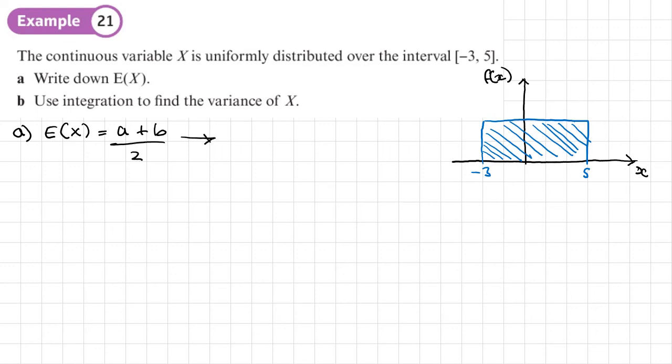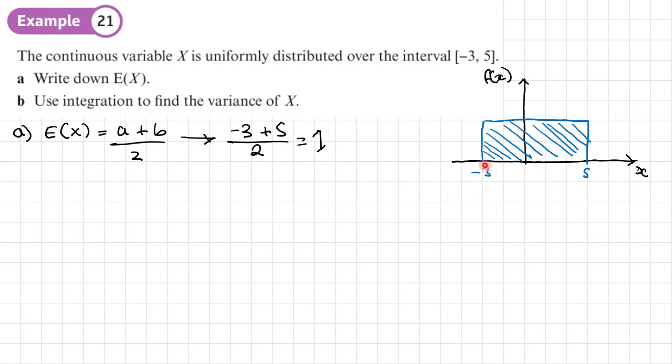So a is going to be negative 3 plus b, which is 5, over 2. That gives us a value of 1. Now you could also give the value of 1 by symmetry, because 1 is going to be dead center of this rectangular uniform distribution.